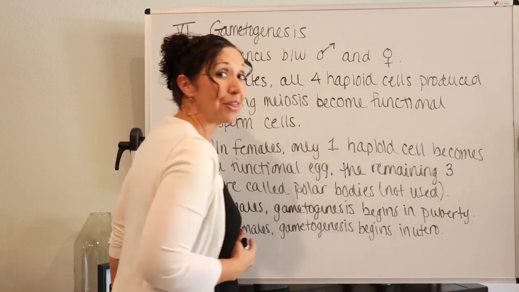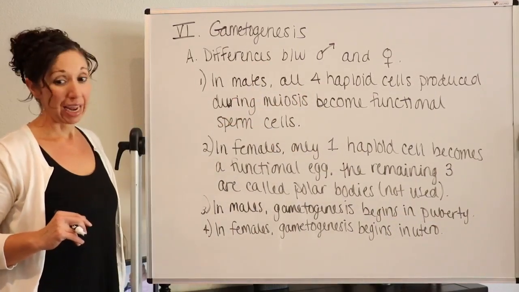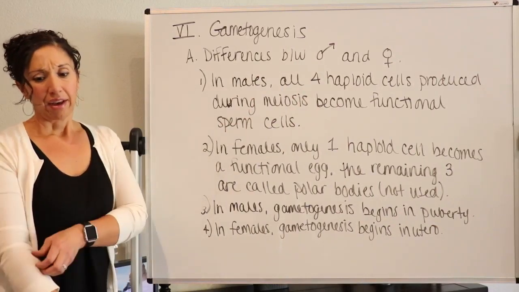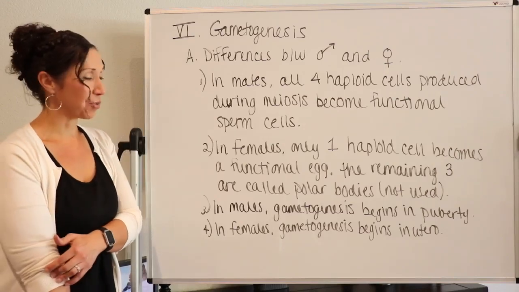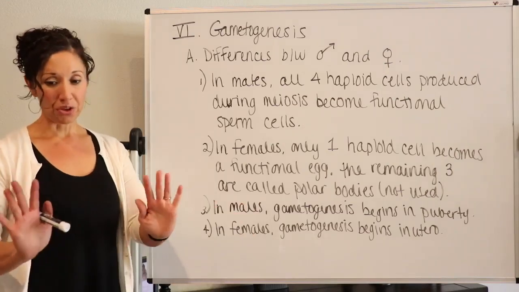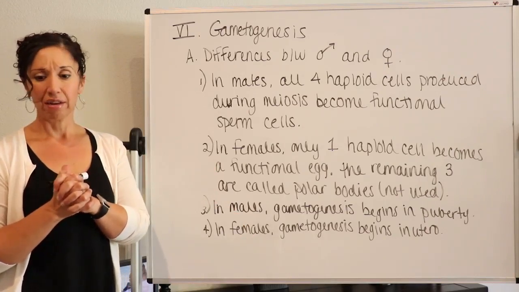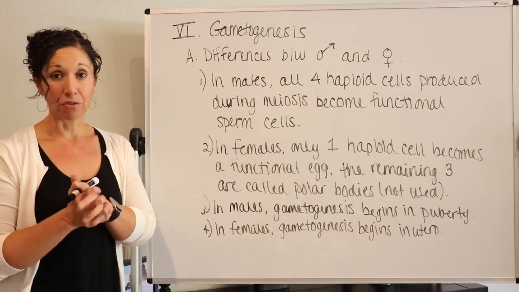In utero means in the womb while you're a developing little baby. And it happens very, very fast, actually. Within 20 weeks of development, so 20 weeks post-fertilization, you have about 7 million egg cells already made for ladies.